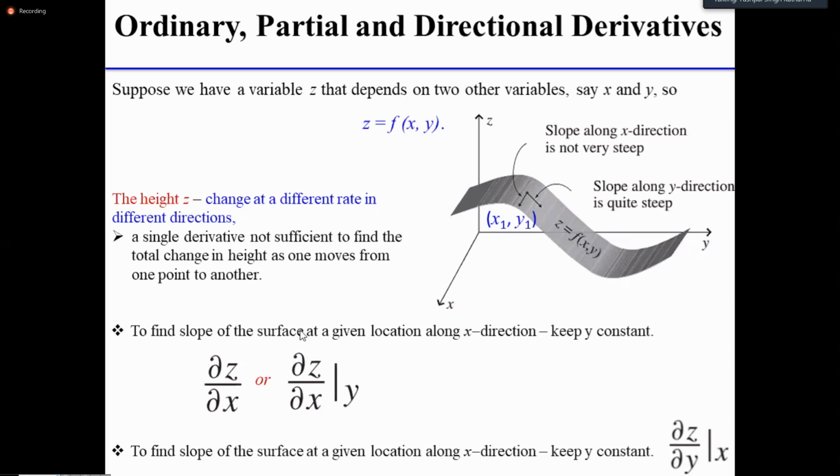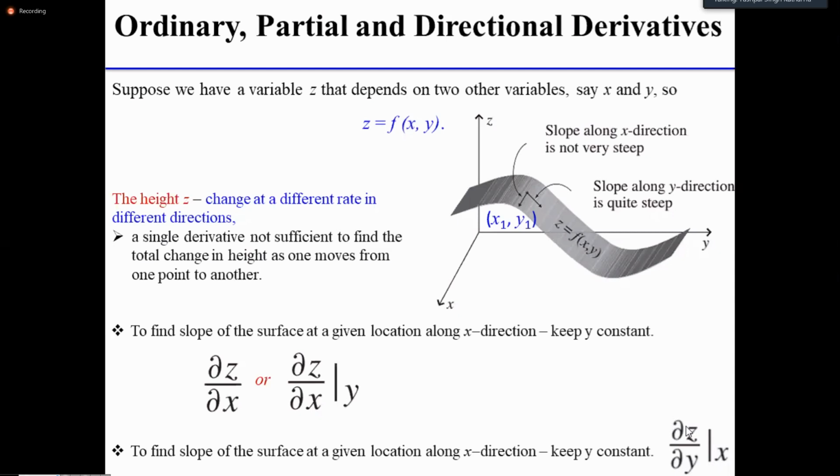So the variation of the function, or the slope of the surface at a given location along the x direction, can be given with del z over del x. Similarly, the slope of the surface along the y-axis is given by del z over del y with x kept constant.